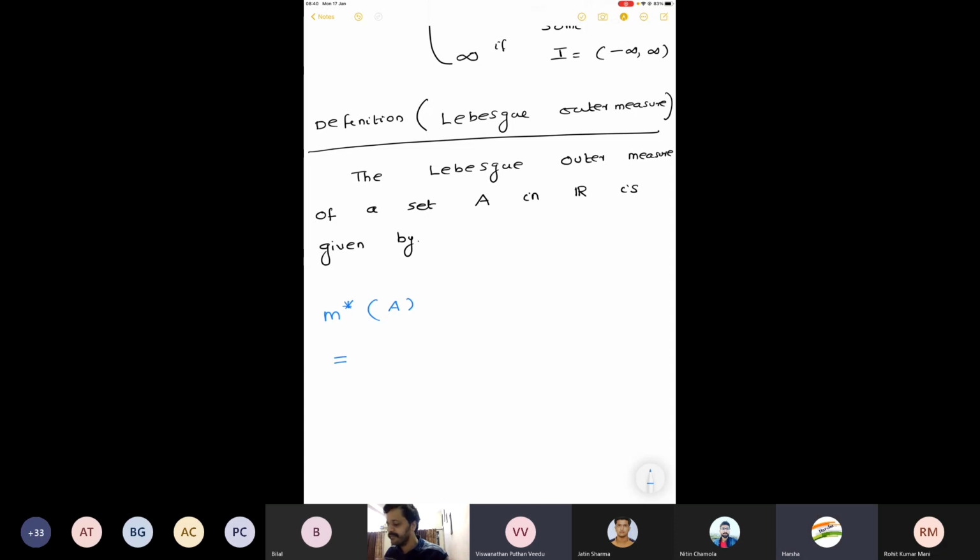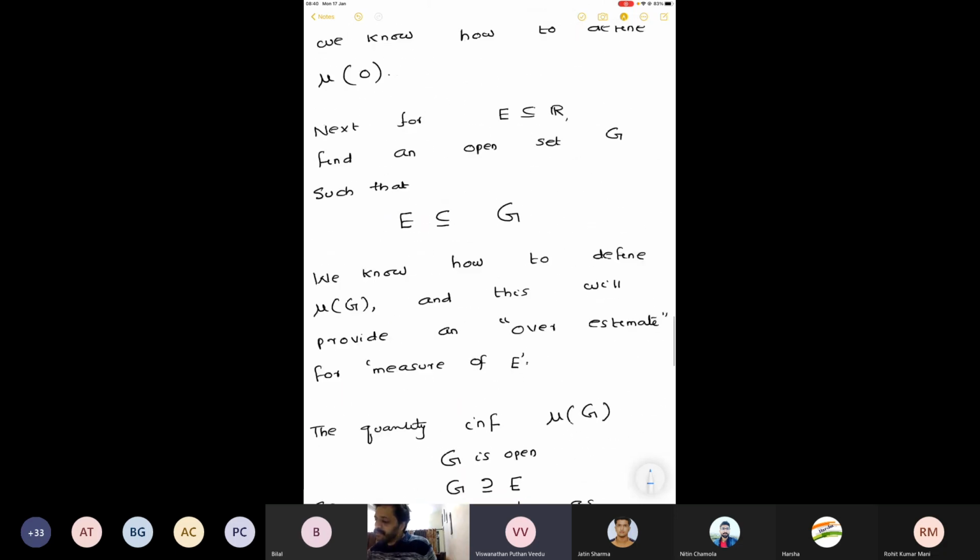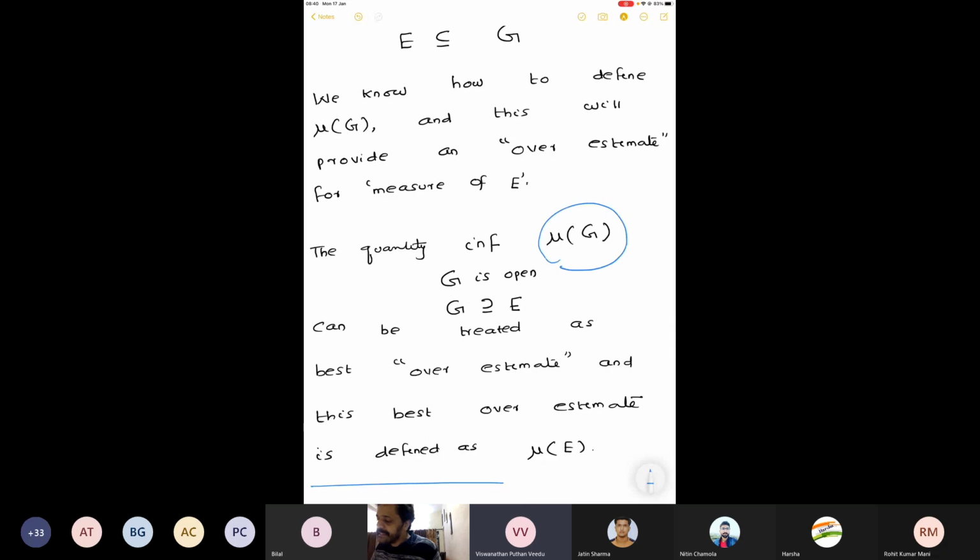Infimum of mu of G, where I should find an open set covering A. But I told you, instead of covering A with open sets, it is enough to cover A with a union of open intervals, right? And once you have a union of open intervals, the measure of that will be the sum of the lengths. So you go back and see this. Yeah. So you want mu of G, where G is open and G contains E.